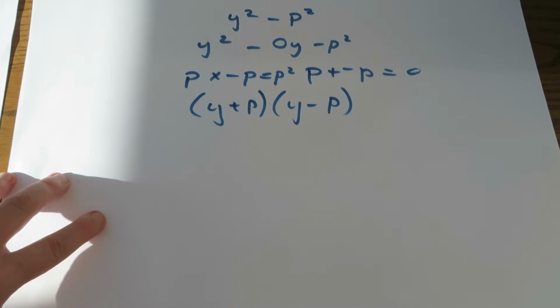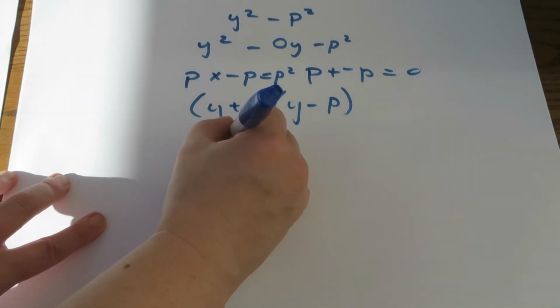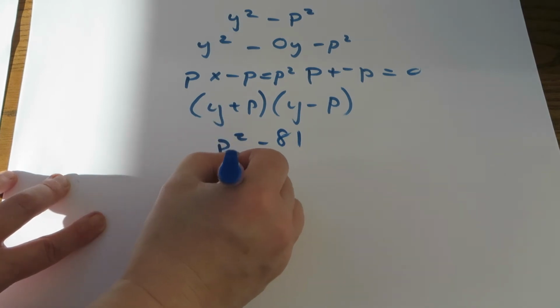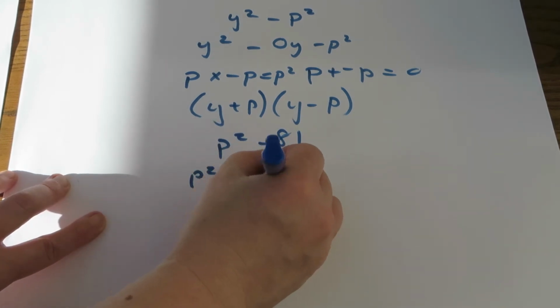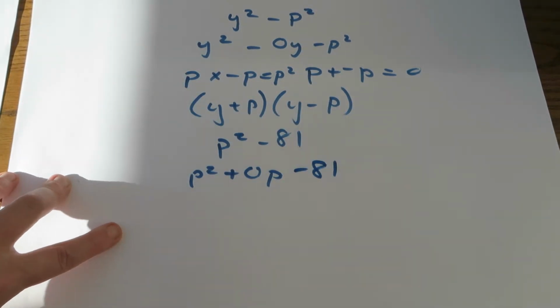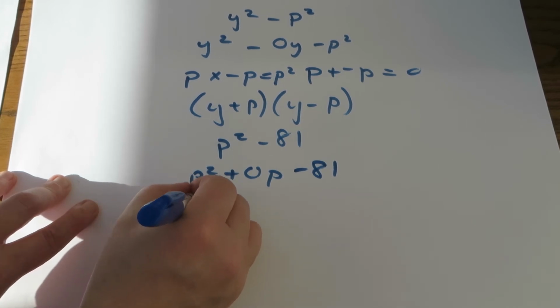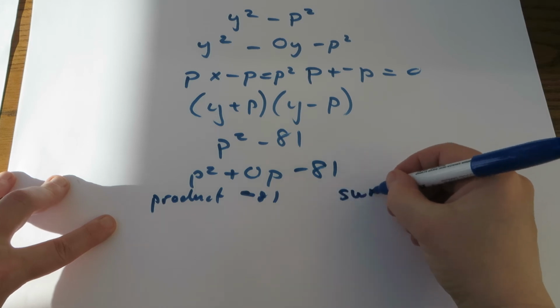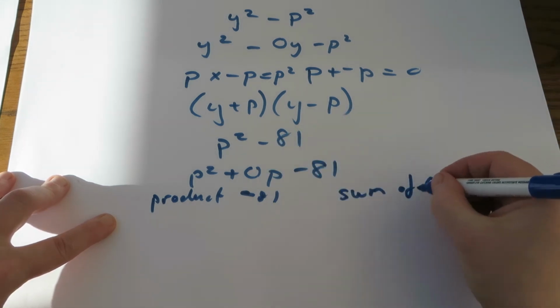Let's have a look at a question like that which has got some numbers in it. So let's have a look at p squared minus 81. Similarly, that's the same as p squared, plus no lots of p, we haven't got that middle bx part, minus 81. So we're looking for 2 numbers that have a product of minus 81 and a sum of 0.